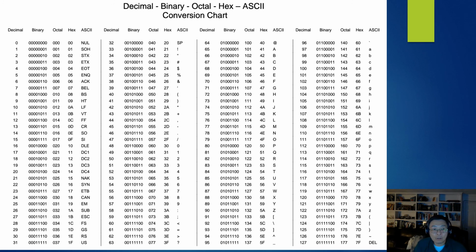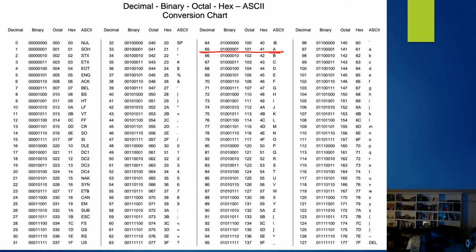Now let's take a look at the English letter A. Let's first look at the capital A. The corresponding ASCII code is 65.